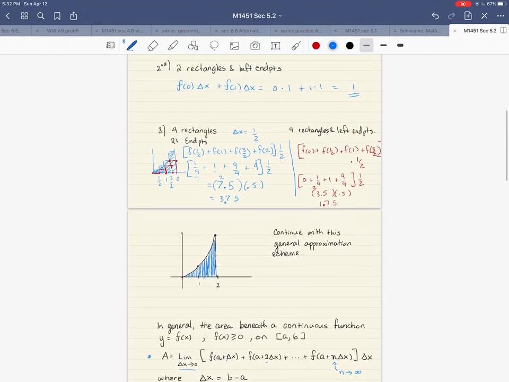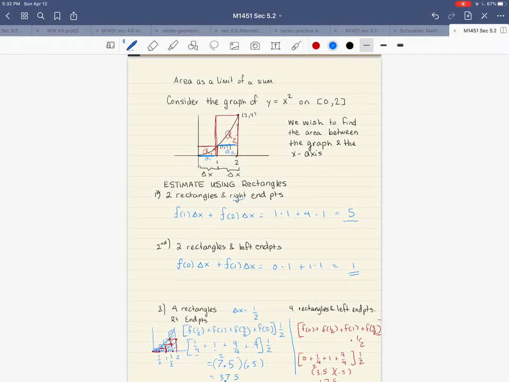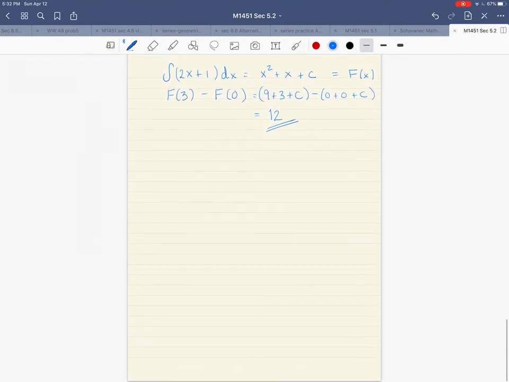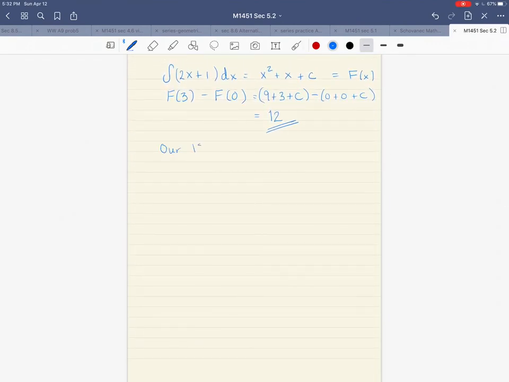Now let's go back to our very first example, which was just y equals x squared from 0 to 2. So our first example, f of x is x squared on 0 to 2. So we're going to compute the antiderivative of x squared, and you're going to get 1/3 x cubed plus c.